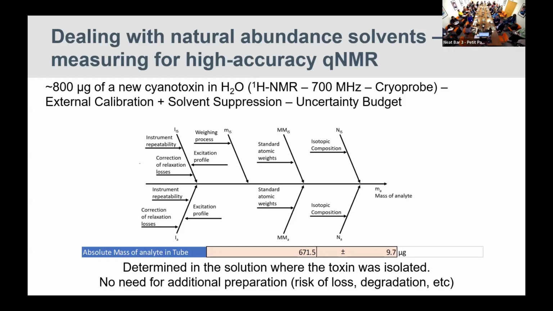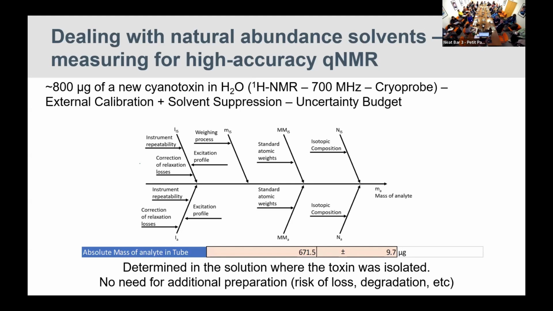And again, this was determined in the solution where the toxin was isolated, so we don't have to deal with changing the toxin from one solvent to another, risking degrading what we have of the toxin. So this is a very good outcome for this suppression sequence.